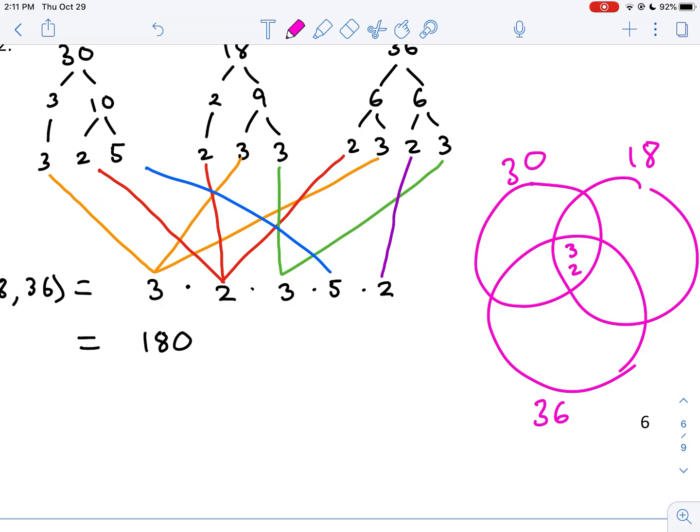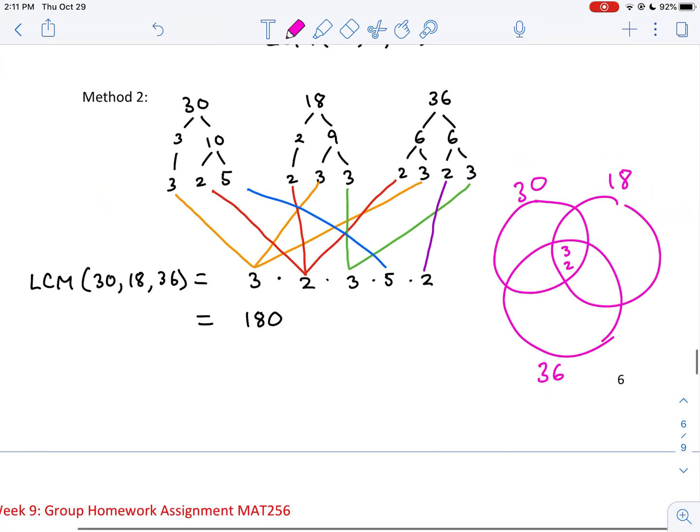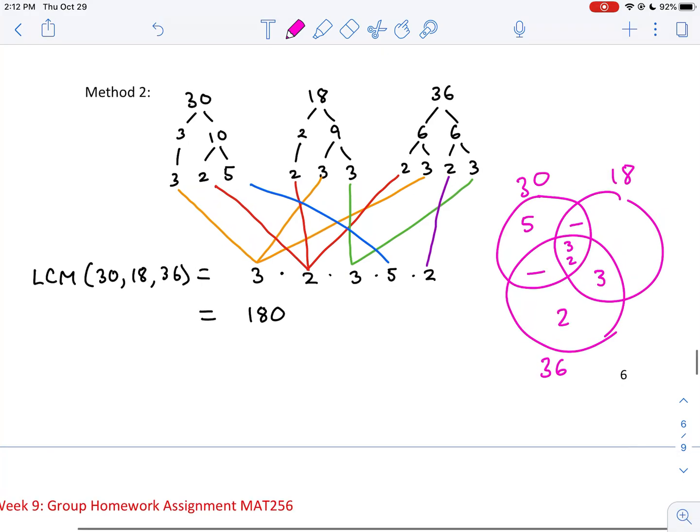Well, 3 and 2 were common to all three. Okay, what's common to just two of them? Well, this green 3 that I'm showing here and here is in the 18 and 36. So there, I'll put that common 3 right there. And then what's left over? What's unique to the 30? Well, there's a 5 unique to the 30. What's unique to the 36? There's an extra 2. And blank, blank, blank. Nothing in those spots.